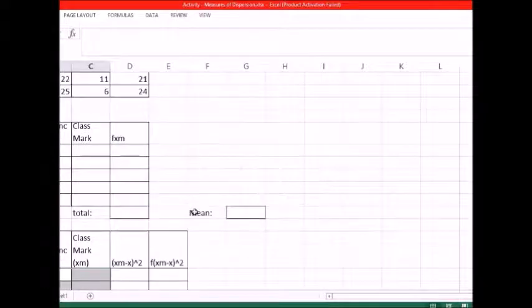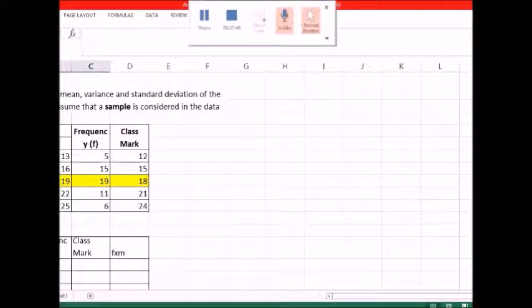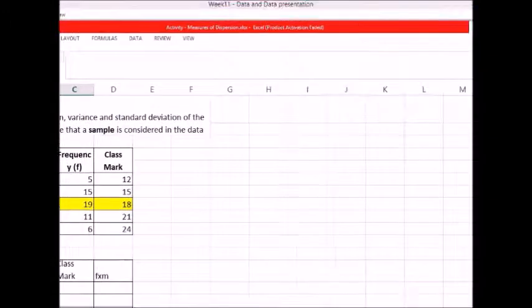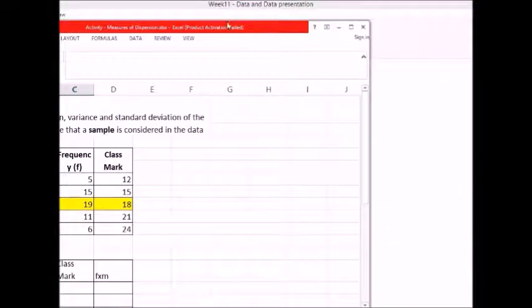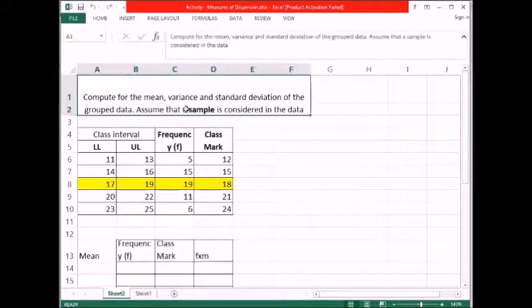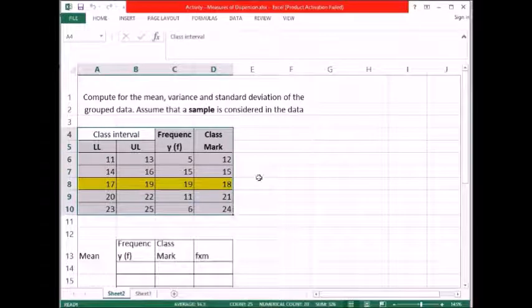Okay, let me try to fix this. Lampas siya sa video natin. Okay. Ayan, no? This one is a sample na po. So, FDT, sample din po ang given. No? So, ibig sabihin, to compute for our variance and SD, we will use n-1 as our denominator.